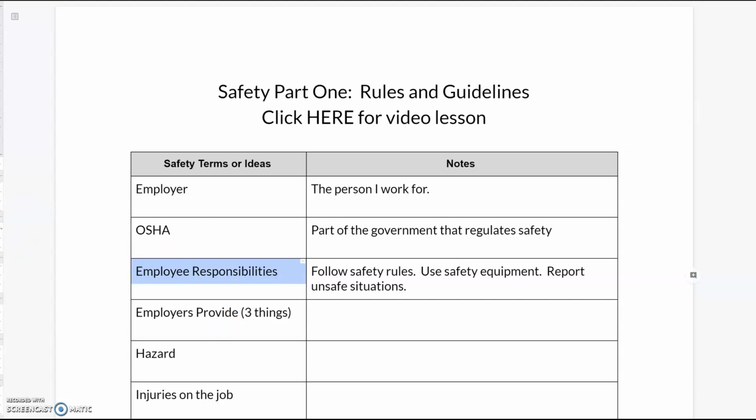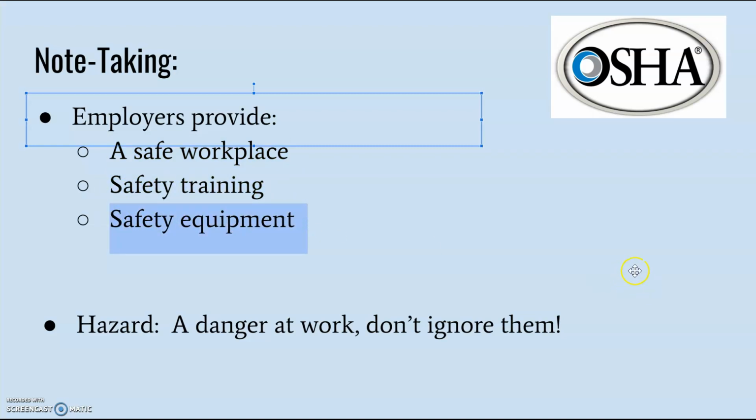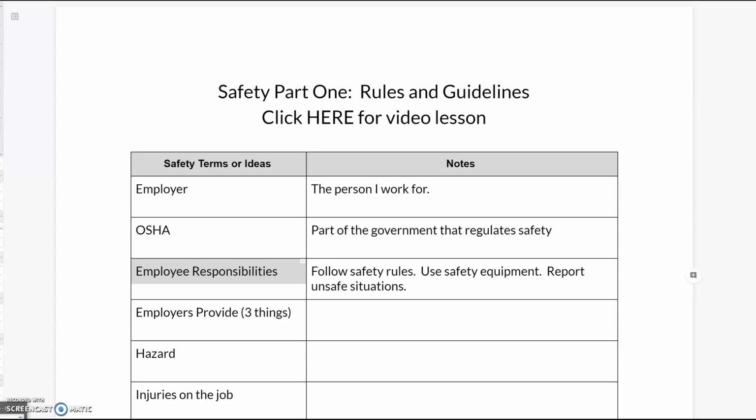What does your employer have to provide? Employers must provide a safe workplace, safety training, and safety equipment. So it's expected that they're doing their very best to provide you with those 3 things. So what was that?